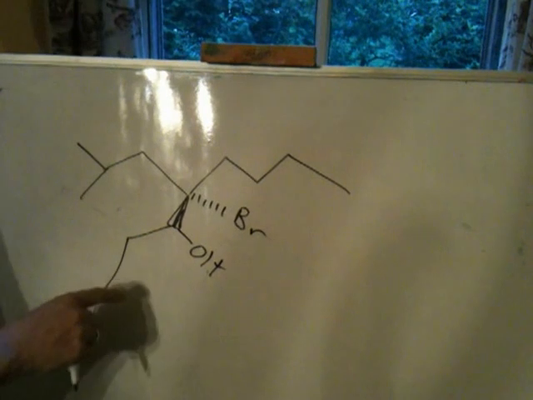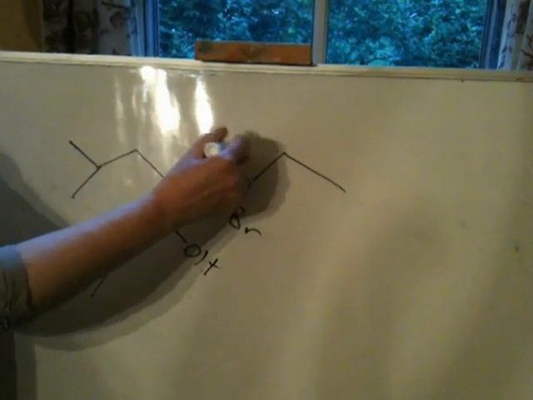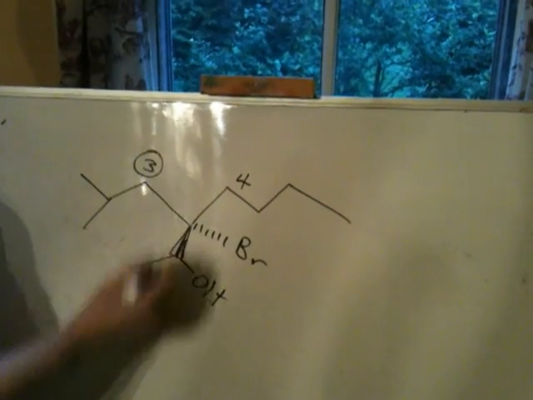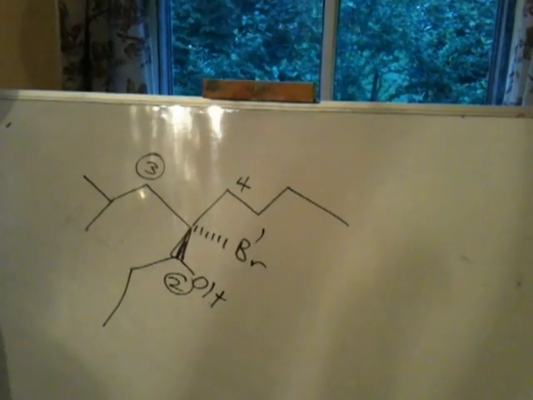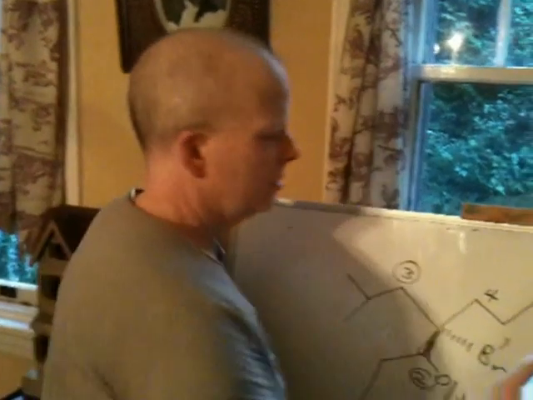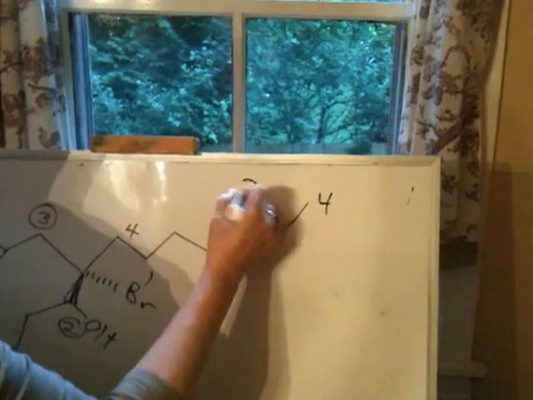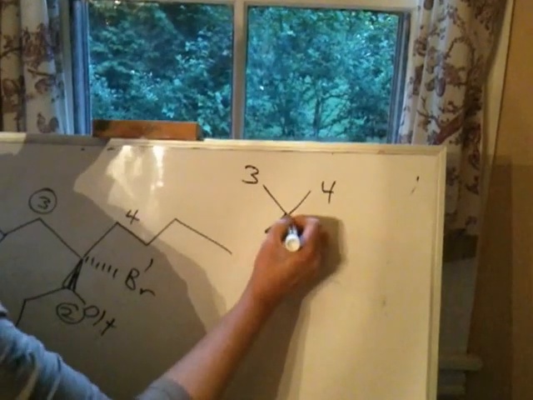It's a little problematic because the number 4 priority group is going to be this group. And you can check these, go through them step by step. This is going to be number 3, this is going to be number 2, and this is going to be number 1. I'm doing atomic number first point of difference. So again, this little thing we did in my office I think is useful. You could just draw your numbers in a spatial manner, like draw them like this. There's always a better way to do it, a different way to do this.